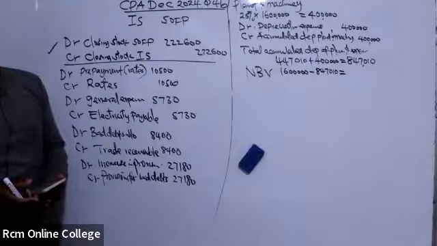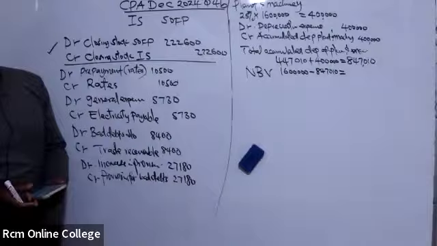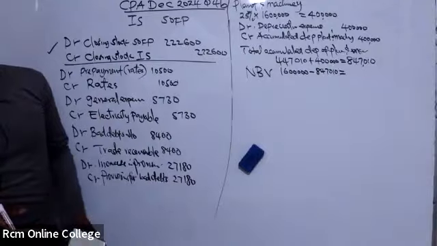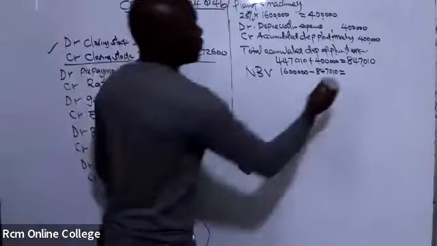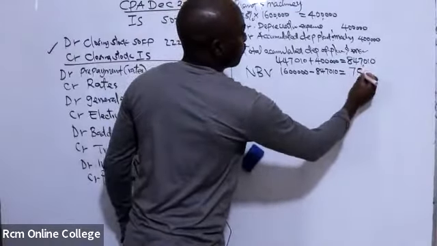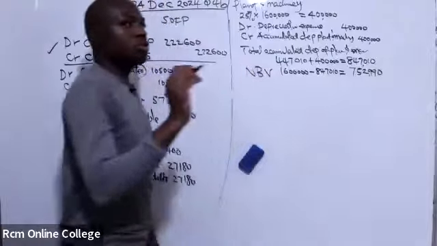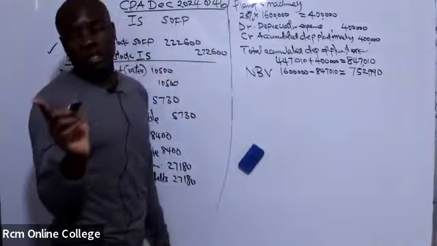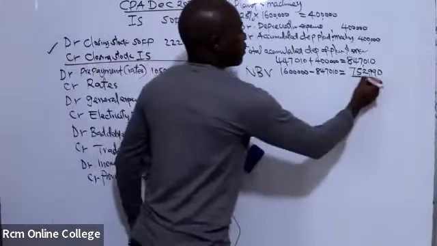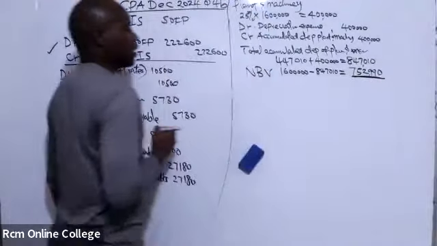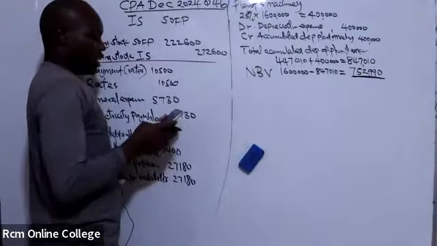What are we getting? 752,990. Please, when I request you to give me the net book value of plant and machinery, give me this figure. Good.